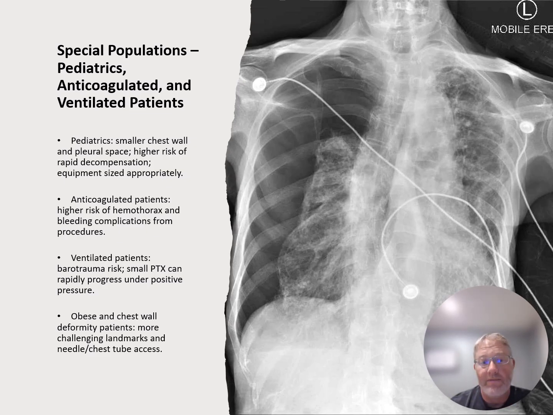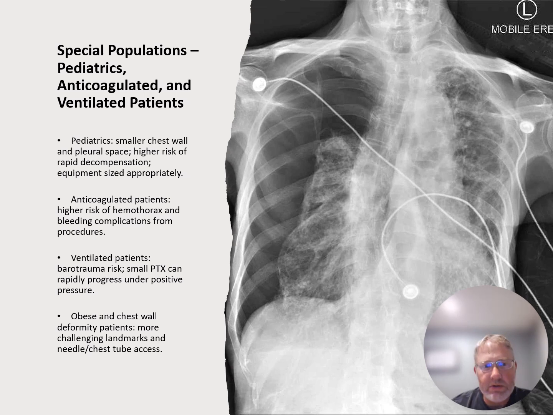Ventilated patients are probably the highest risk for barotrauma, which is a small pneumothorax that might be observed in a spontaneously breathing patient that can rapidly become life-threatening under positive pressure.